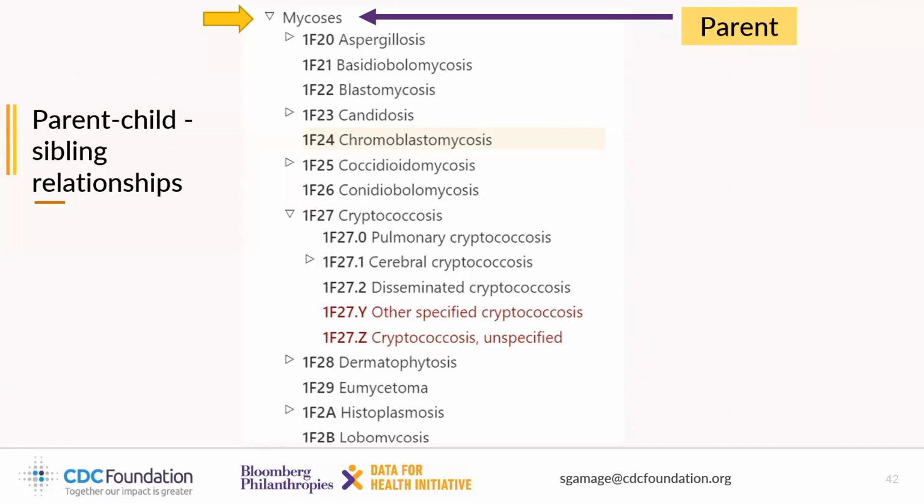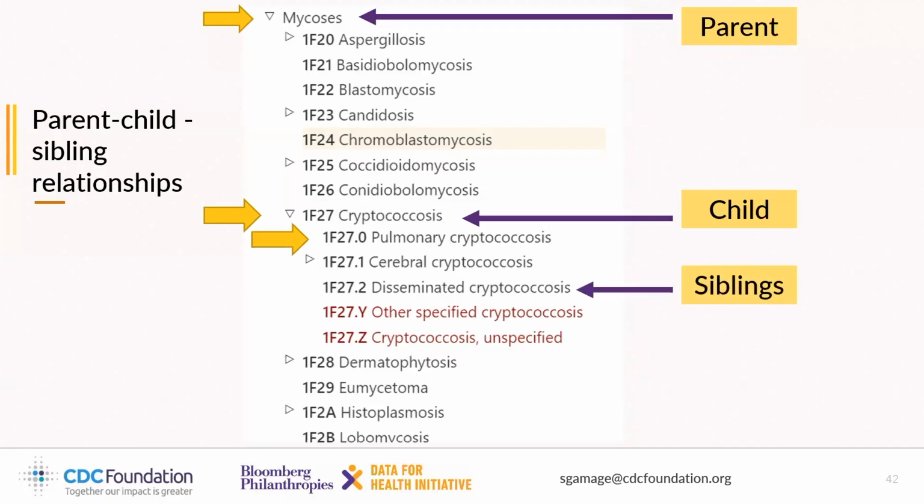And then under mycosis, you have cryptococcosis 1F27. It's a child. Then there are siblings: pulmonary cryptococcosis, disseminated cryptococcosis, other specified cryptococcosis. They are all siblings. So you have the parents, then children, and siblings.